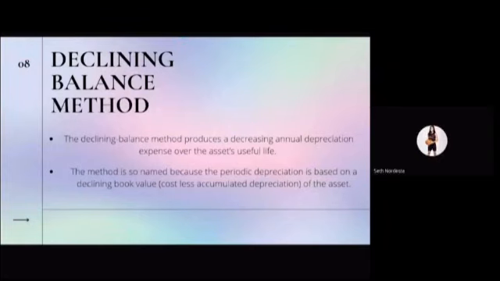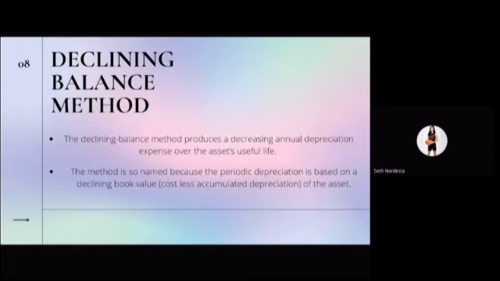The third method is declining balance method. The declining balance method produces a decreasing annual depreciation expense over the asset's useful life. The method is so named because the periodic depreciation is based on a declining book value, or cost less accumulated depreciation, of the asset.